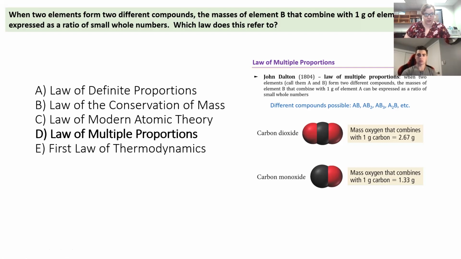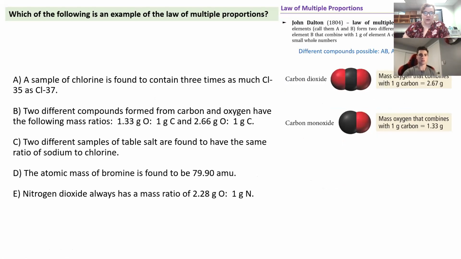You're going to have a whole oxygen and a whole carbon. And wherever you find that carbon monoxide, it's going to have those building blocks in that ratio. Okay. So multiple proportions is the one carbon and two oxygens, one carbon and one oxygen. You can have any ratio, but they have to be whole numbers.